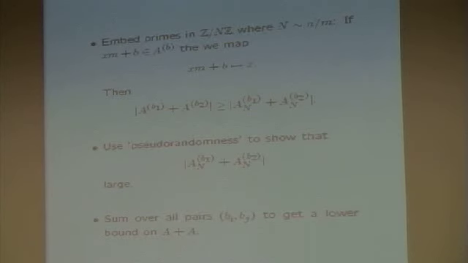Then, to show that the quantity on the right-hand side is large, we're going to use pseudo-randomness. The final step is to sum over all pairs b_i and b_j to get a lower bound on the original set A plus A. But the problem is that we could have two different pairs, say b1 plus b2 equal to x, and b3 plus b4 equal to x.